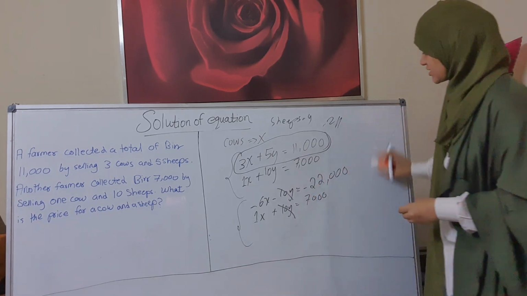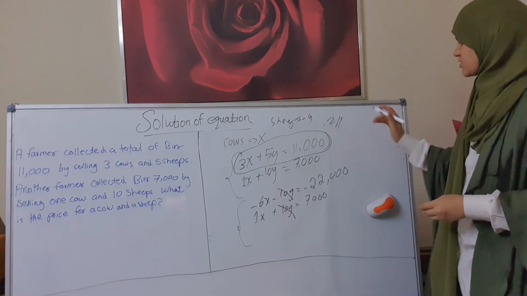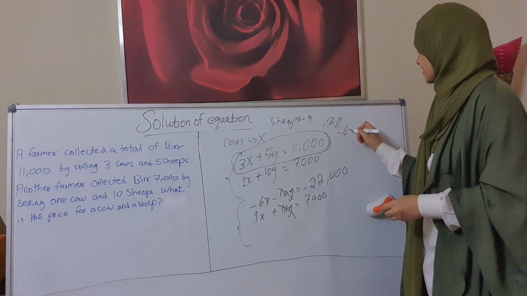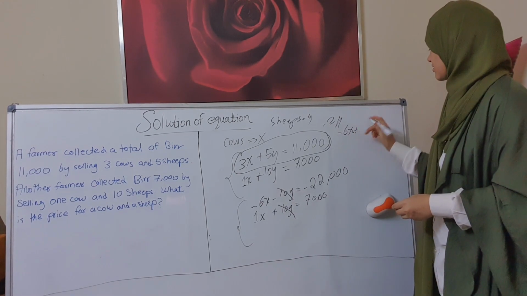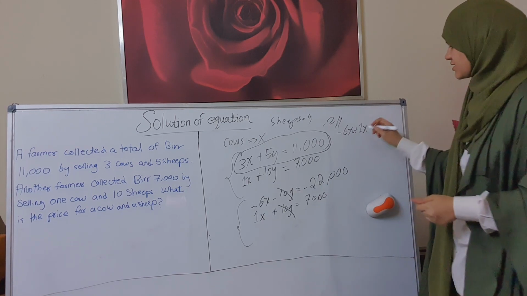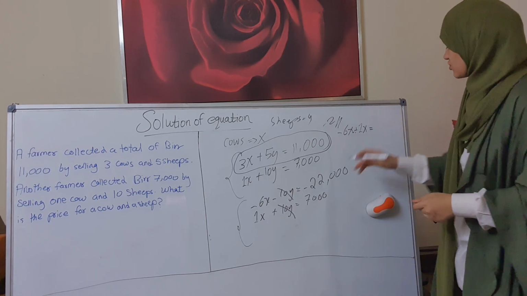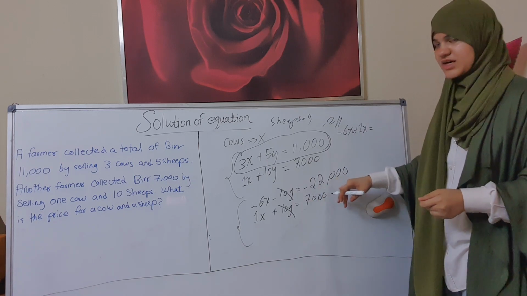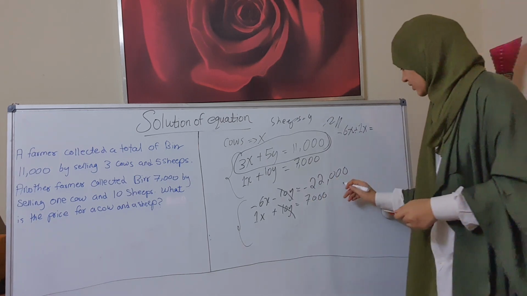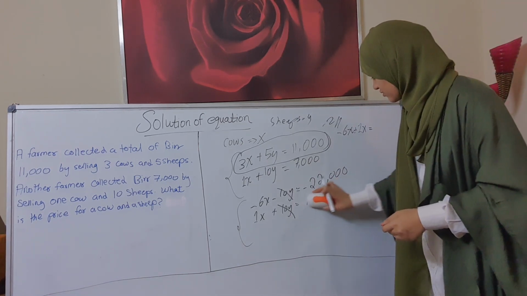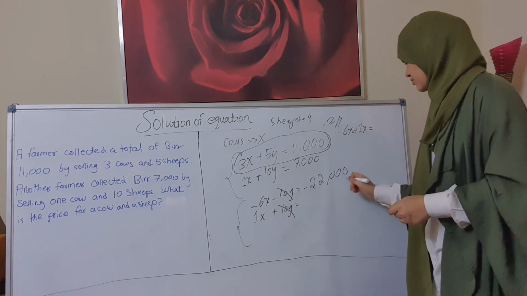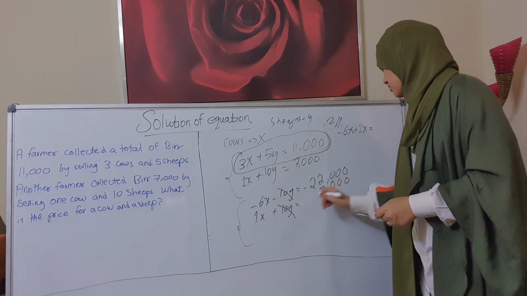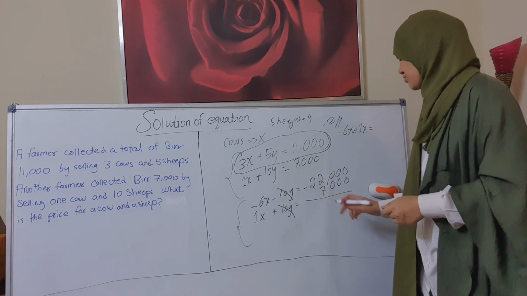So how will we do it here? Negative 6x plus 1x is equal to, here we will make it minus, it will be 15,000.